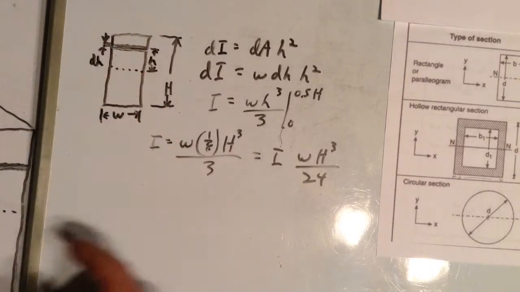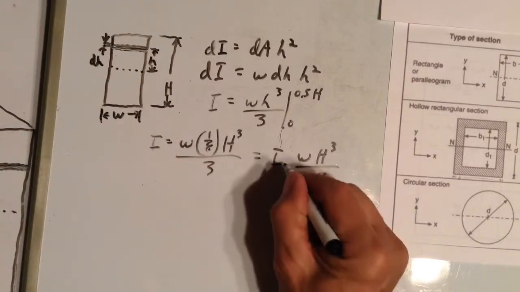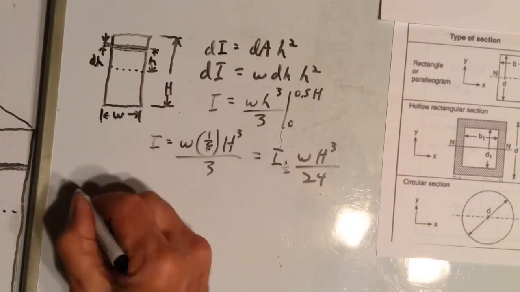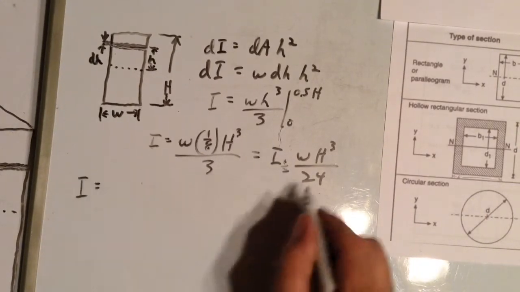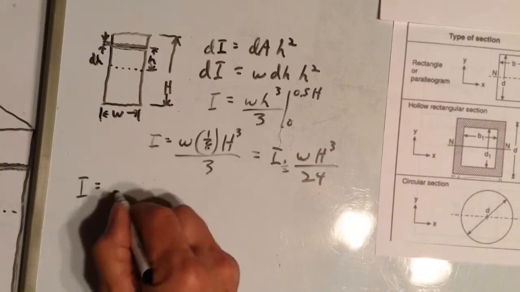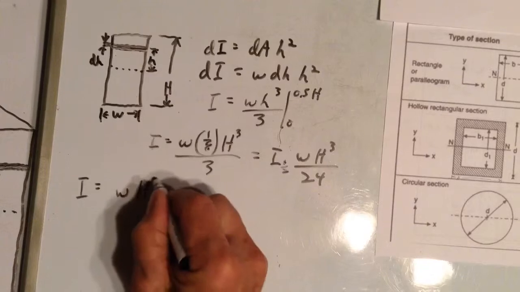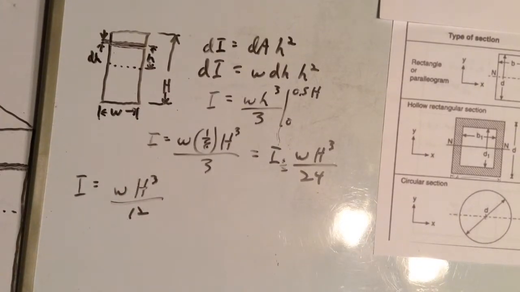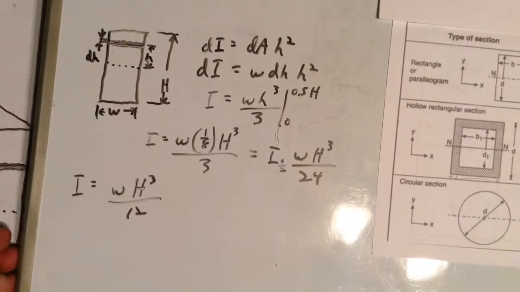So the whole I, we probably ought to just call this I 1/2, because that's only half of I. So I total equals twice that. Well, W H cubed over 24 times 2 is W H cubed over 12. And let's see, that's the same thing we had over on our picture here.